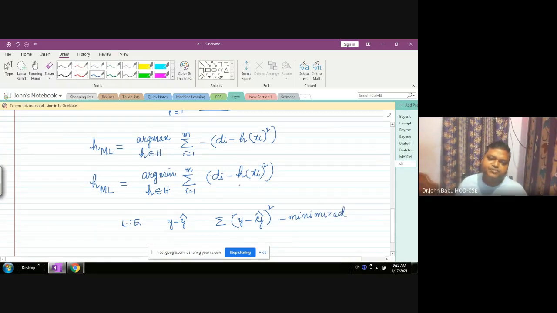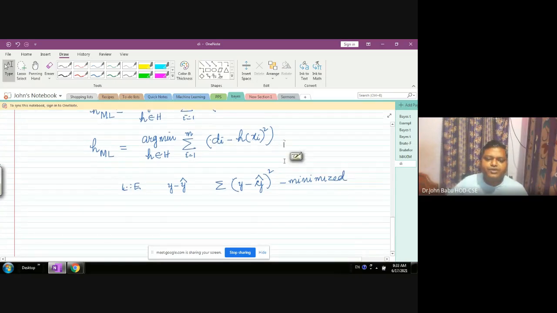So from this equation, what we can say is, what is the maximum likelihood hypothesis?